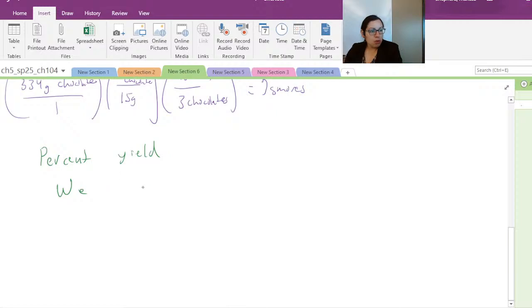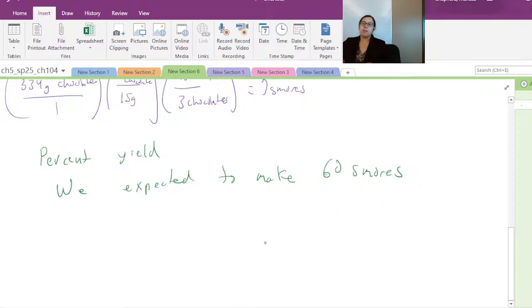So we expected to make 60 s'mores. Again, this number could either be given or maybe you have to calculate it, based off of how many s'mores you have to make.